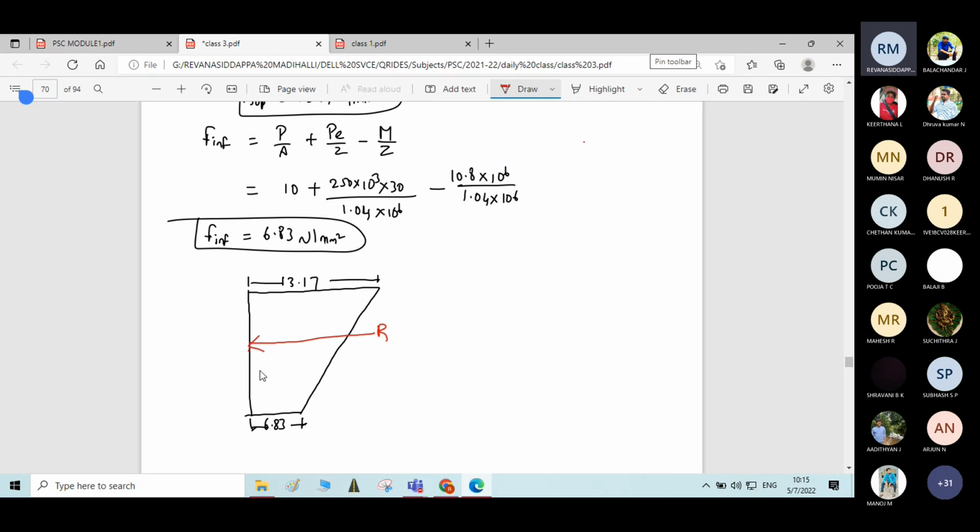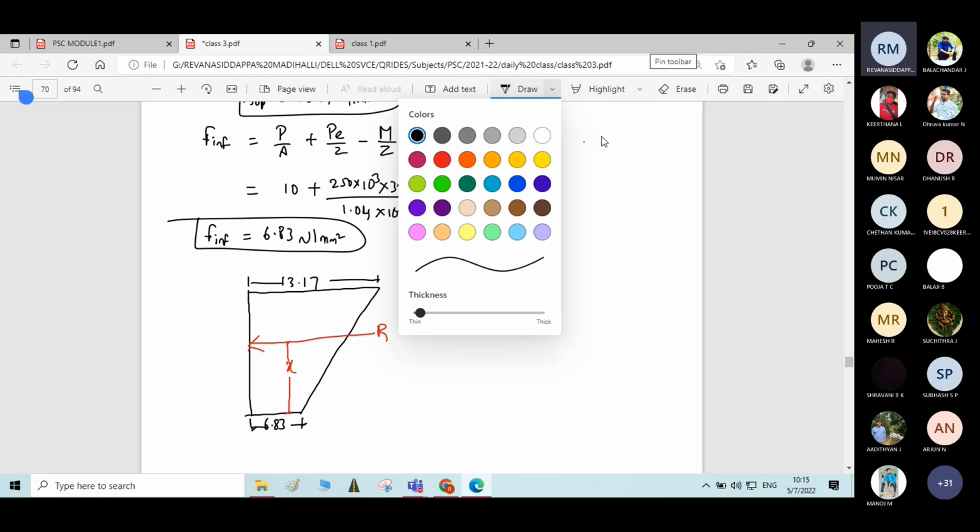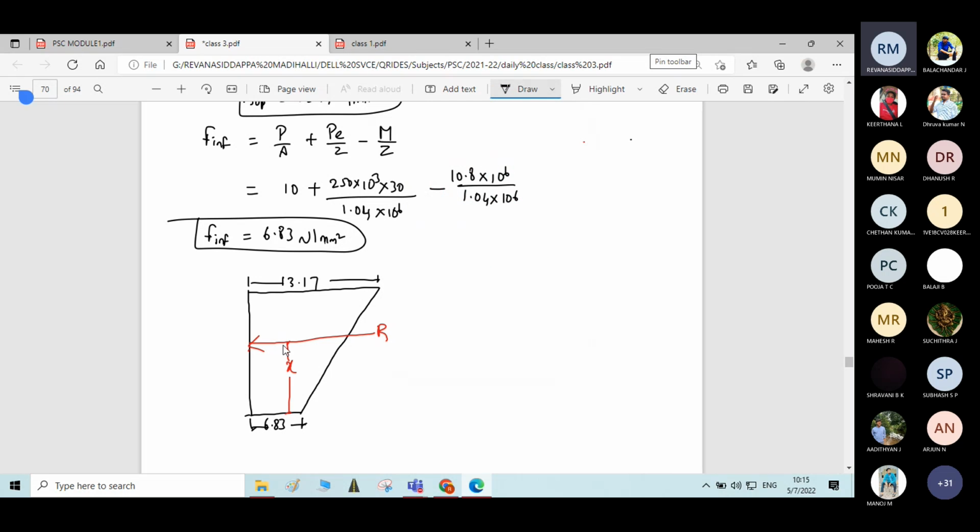We need the location of the thrust line, meaning the distance of the centroid of this figure from the bottom fiber. Correct? For that, you can calculate the centroid by using first principle.